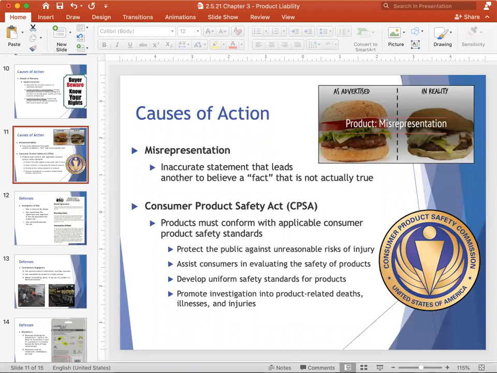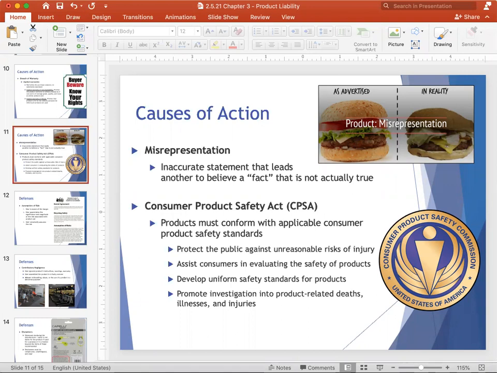And then another cause of action relates to the Consumer Product Safety Act. So the National Commission on Product Safety is a governmental administration that explored the need for federal regulation of consumer products.